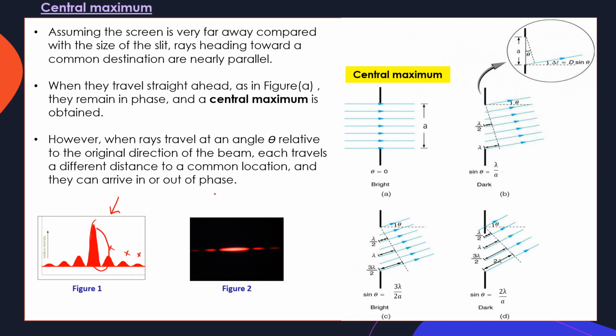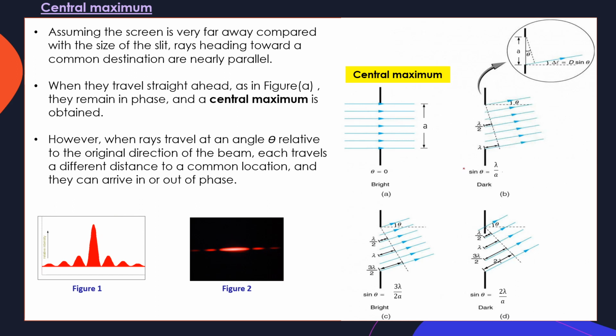Figure 2 shows the real interference pattern on the screen, and as you can see, the intensity of the bright fringes differs from the central maximum, since this bright fringe has the highest intensity compared to the other bright fringes.